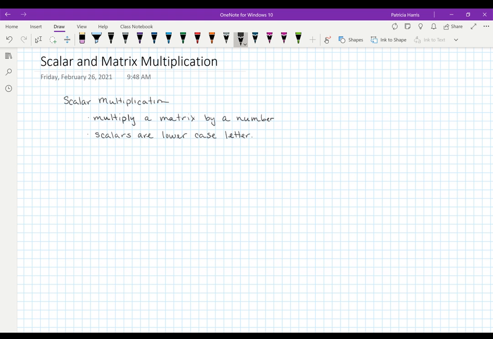So you might see something that looks like this, little k times matrix M, something like that. But what we usually see is things like this.